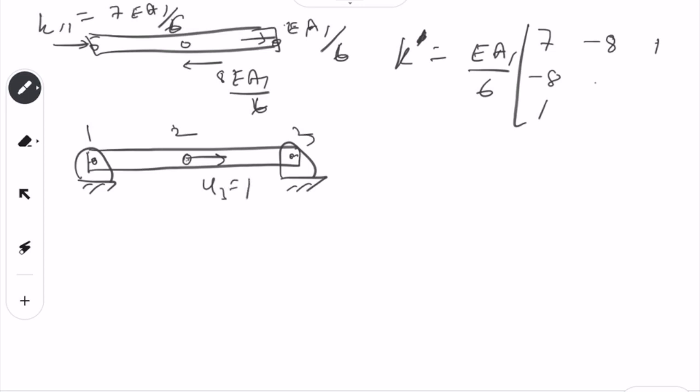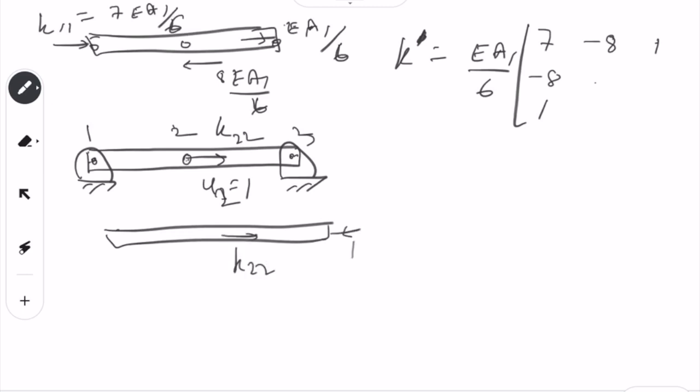So the force needed for U2 will be K22. What we will see is that half will be supported here and half will be supported here. So you have K22, and then K22 over 2 here, and K22 over 2 here as well. Hence this will be K23, and K21 will be like this.